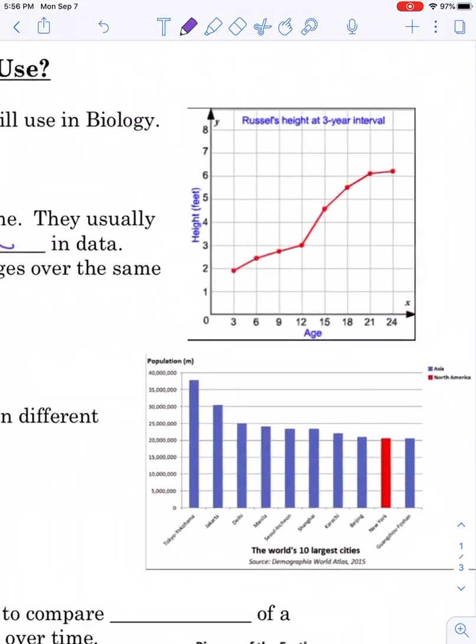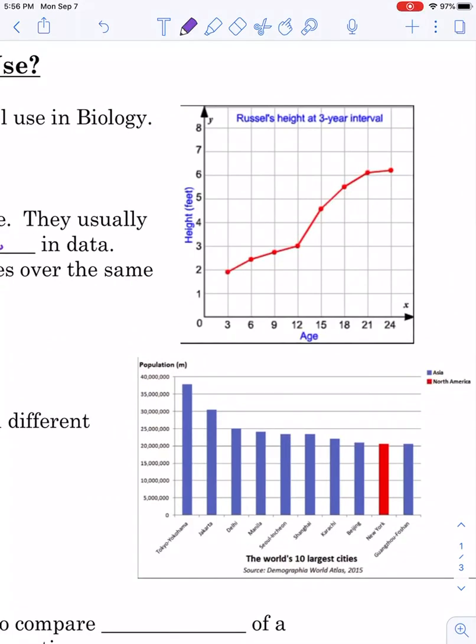So for example, in this graph over here, we have age and we have height. As Russell ages, what is his height every 3 years? The progression is his age. And then what depends on his age is his height.